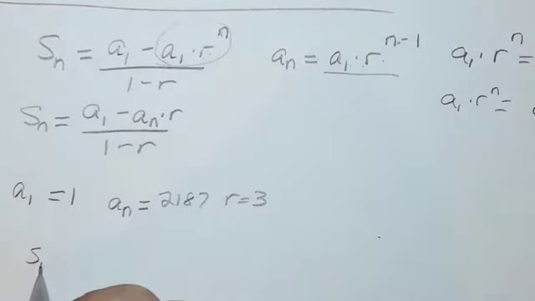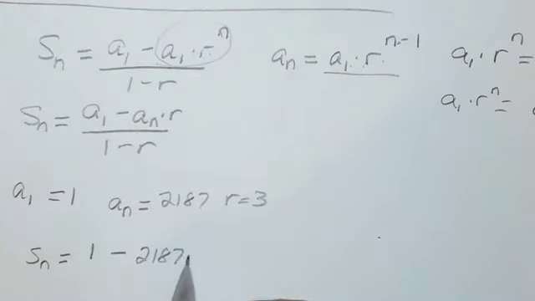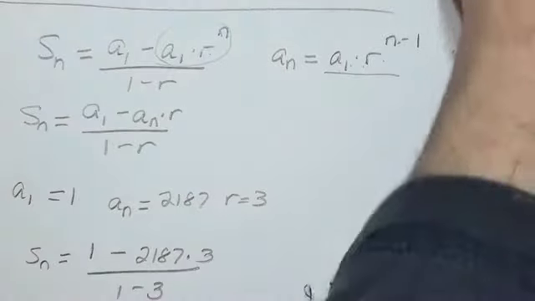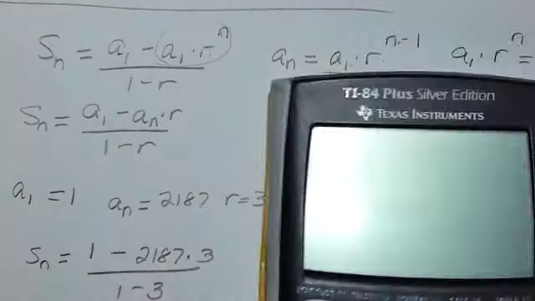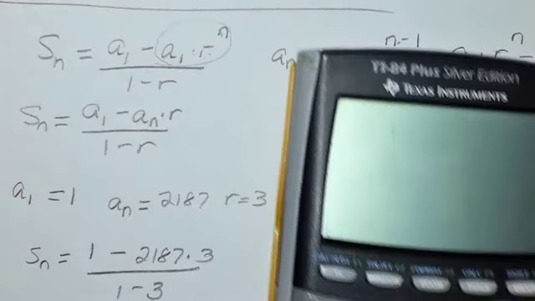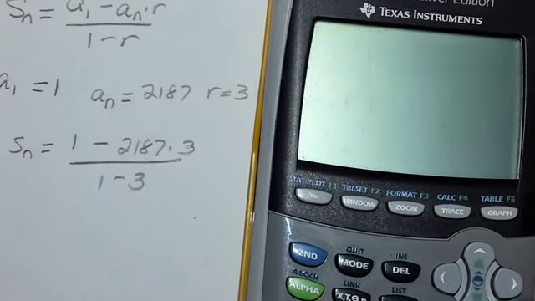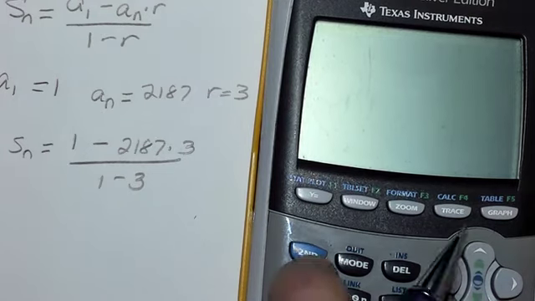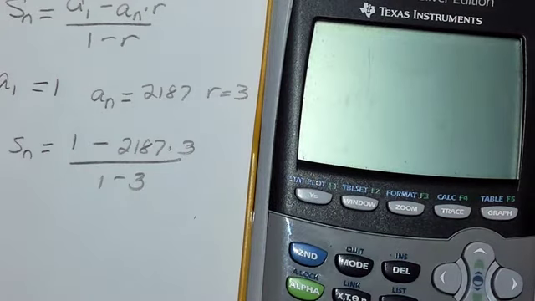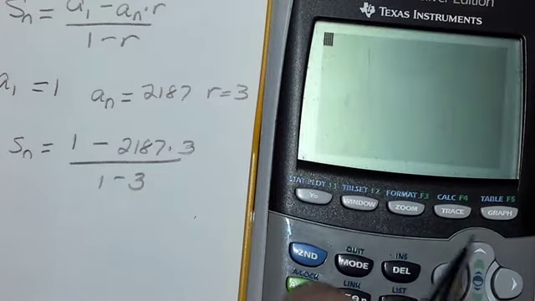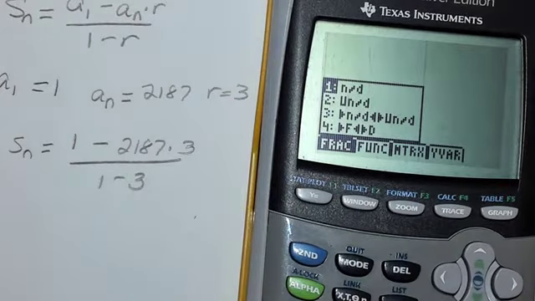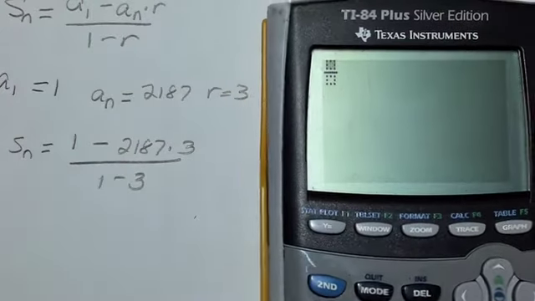So S sub n is a1 minus a sub n times r over 1 minus r. Then we take the calculator and put that in, making a fraction.